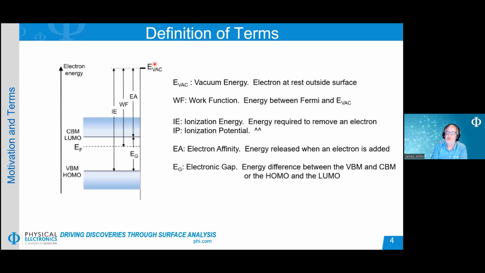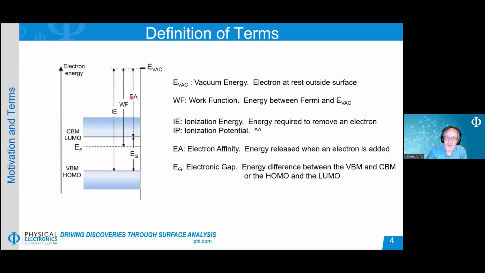So the vacuum level is not a global vacuum level. It is material and surface specific, which I think probably causes more confusion than any other term in all of surface science.